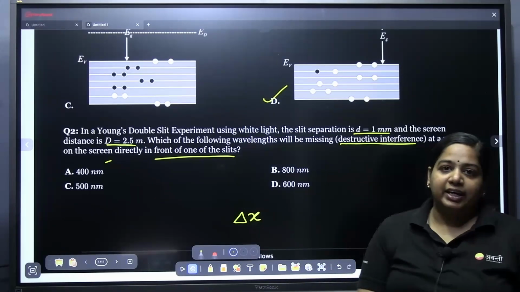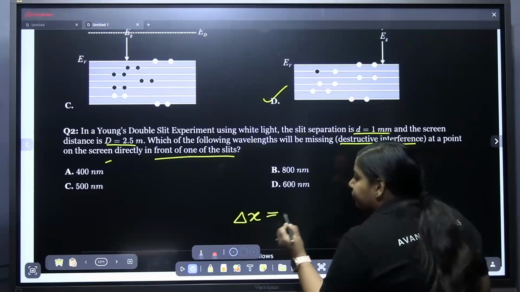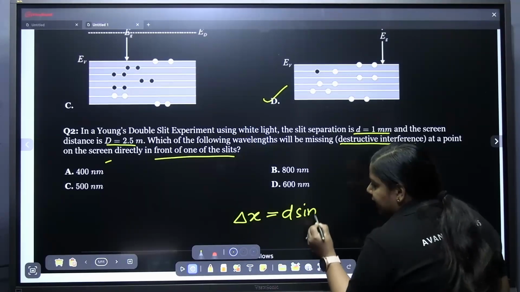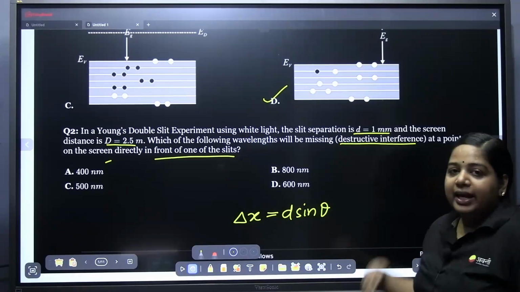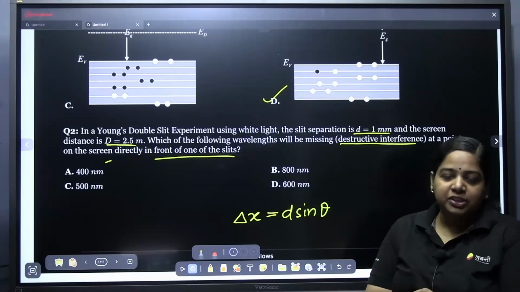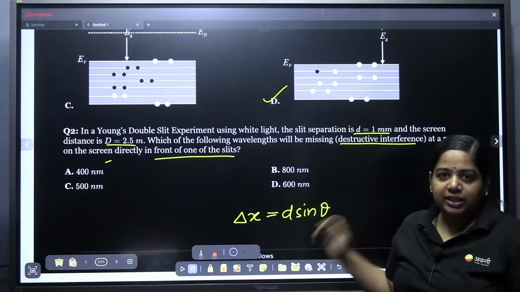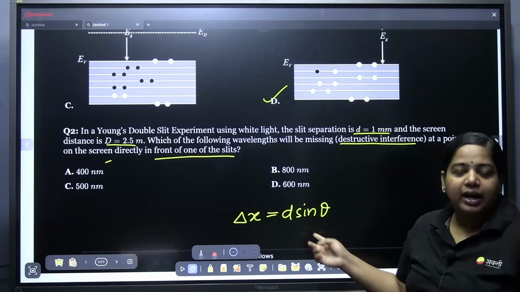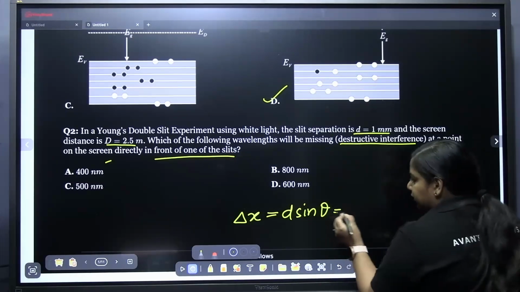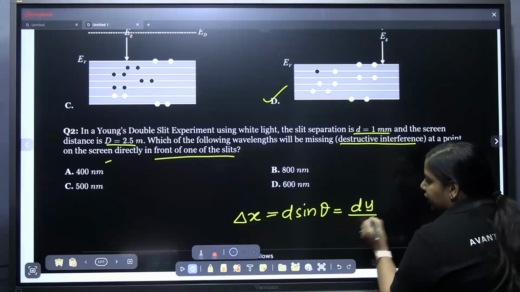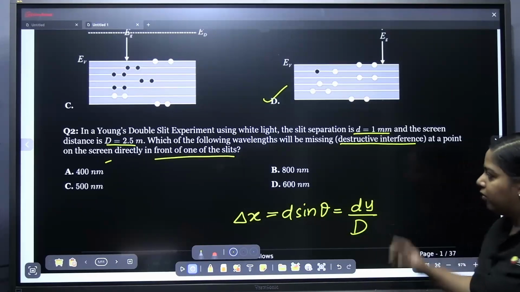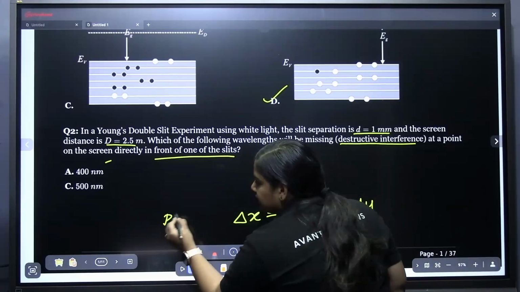Delta x we find using the formula d sine theta. Then we put the assumption that sine theta is approximately equal to theta, and from that we get this equal to dy by D. Okay, this is the path difference.